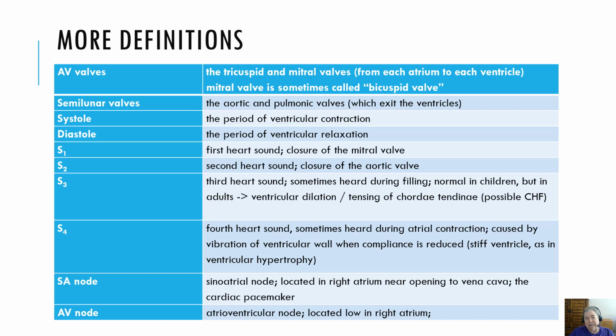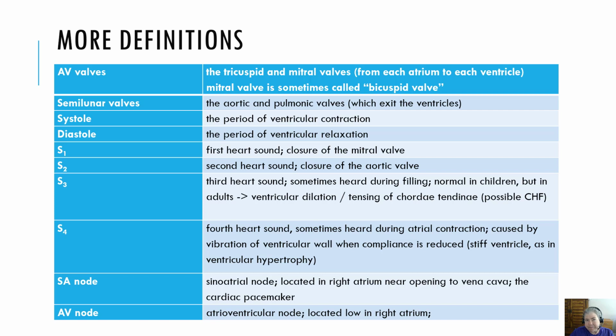The second heart sound, or S2, is generated primarily by the closure of the aortic valve, and it's dub. It's a little more complicated than that because the closure of the pulmonic valve is also pretty loud, and depending on what part of the chest wall you're listening to, S2 may have two components. So S1 is closure of the mitral valve. S2, second heart sound, is closure of the aortic and pulmonic valves, and they are lub and dub.